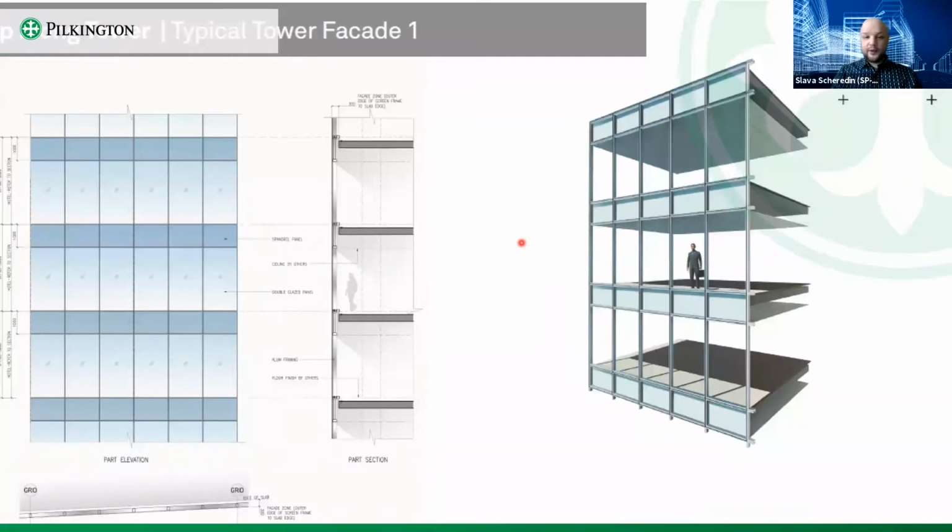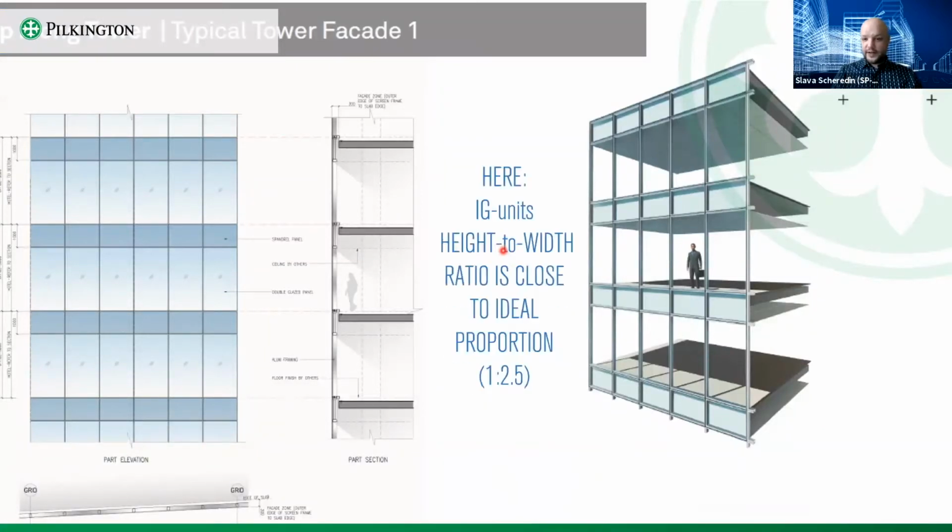Here is an example of a proper IG unit design, and I've took this slide from the IGUs Architectural Bureau, our very good friends in Singapore. So with their permission, please take a look at the facade.